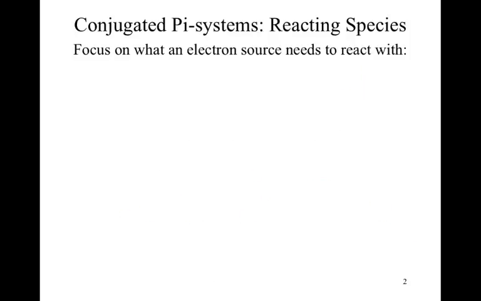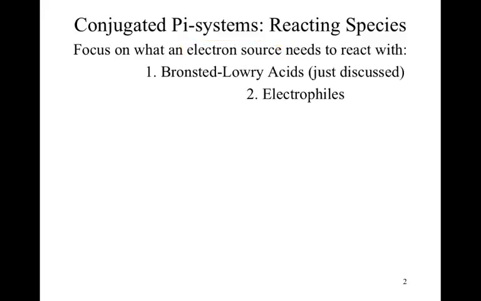Well, if we change the reacting species, the first thing we need to think about is, what's going on? How is our alkene reacting? Well, our alkene is primarily an electron source. And in our previous slides, we said that the electron source wasn't super reactive, so we threw in some really strong acids or radicals to force it to react. The other option is that we could throw in an electrophile.